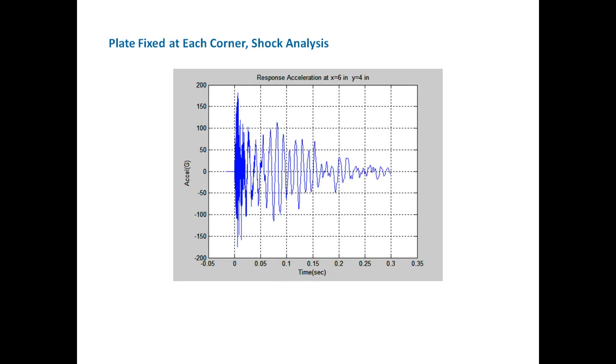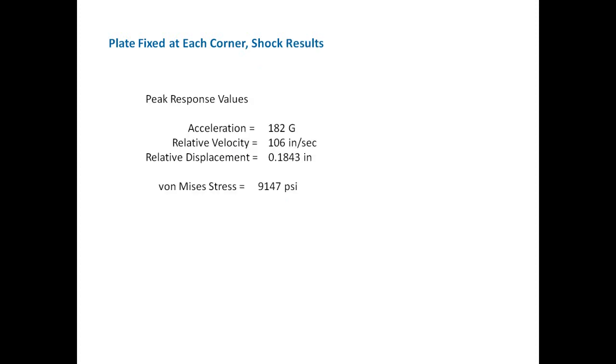Then we did our shock analysis where we applied that base input. So you see the response acceleration, G's versus time in seconds at the center. Peak response values summarized there for the shock response.